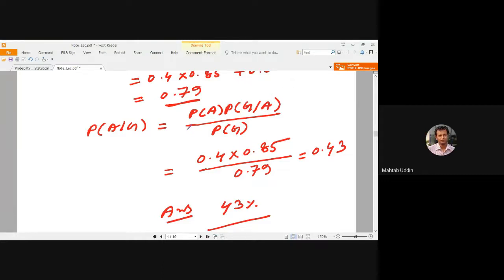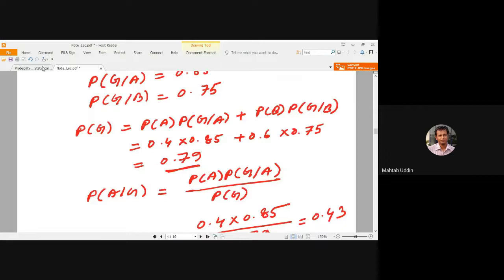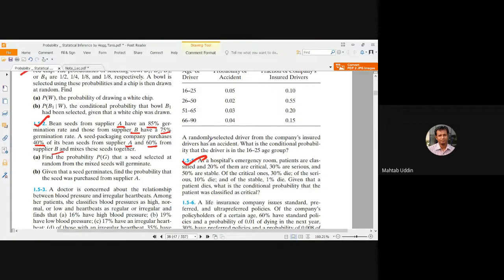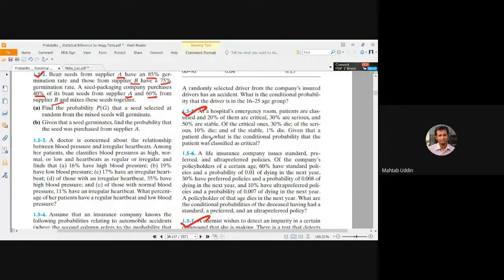Okay. If not, then I'm going to the next example. Read question 5 carefully and tell me what actually they want.